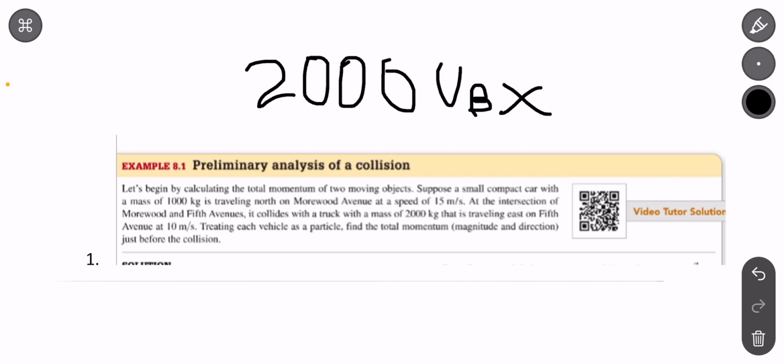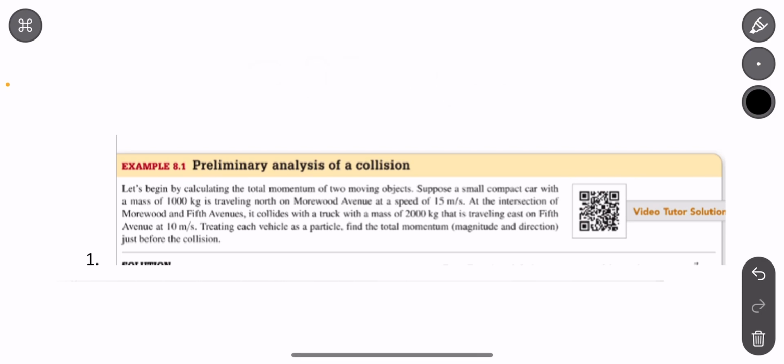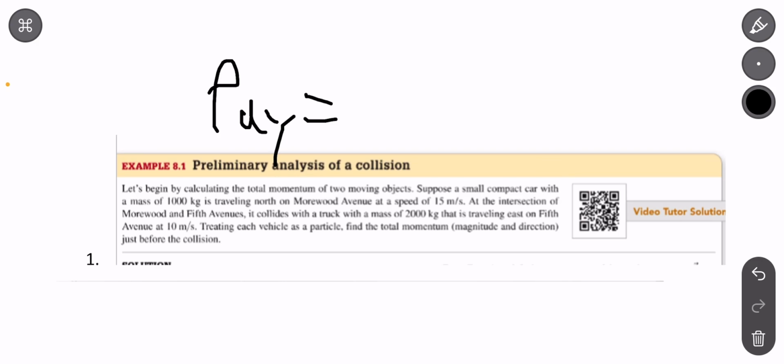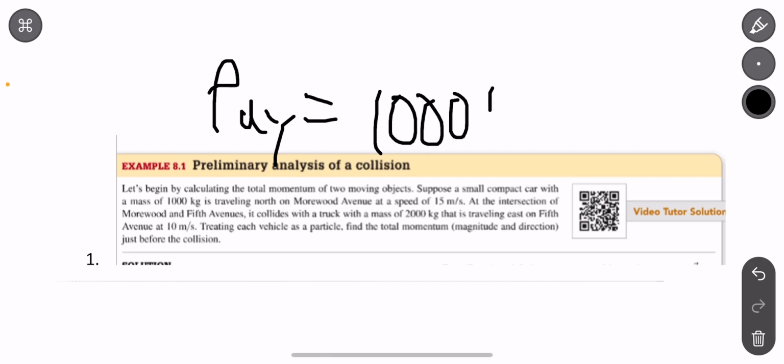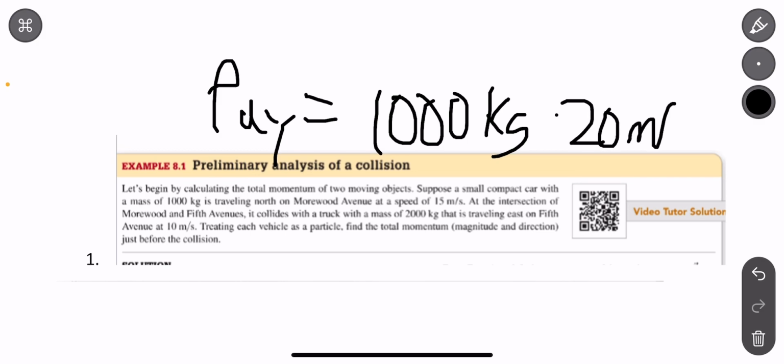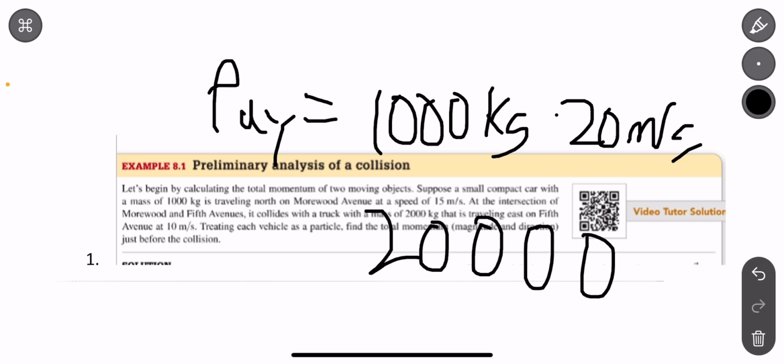Next up is the Py's. After we solve for the BY's, we have to break it down again. So PAY is equal to MA times VAY, but this time it's 1,000 kilograms times the 20 meters per second. This is going to leave us with 20,000 kilograms meters per second.